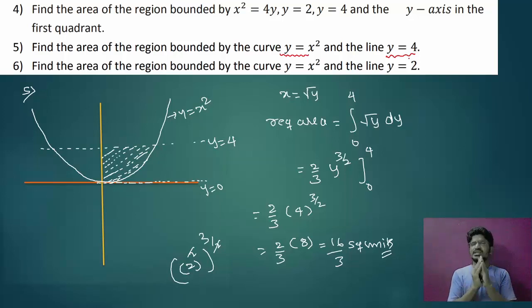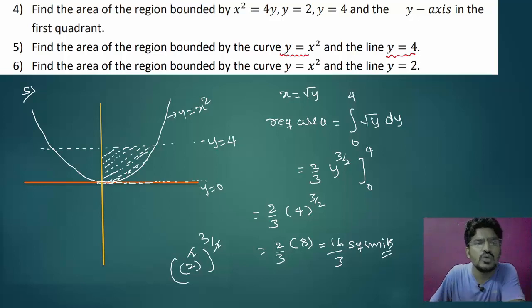In the previous class, I solved only this particular shaded portion, from 0 to 4, and this is the parallel line y equal to 4.